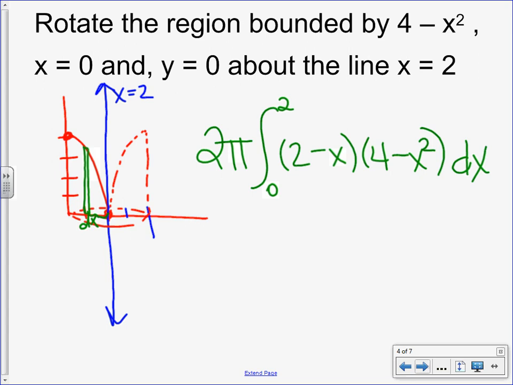Let's go ahead and put it in our calculator. 2 minus x squared times... I was factoring it and then squaring it. 2 minus x quantity squared times 2 plus x. 40 times x.